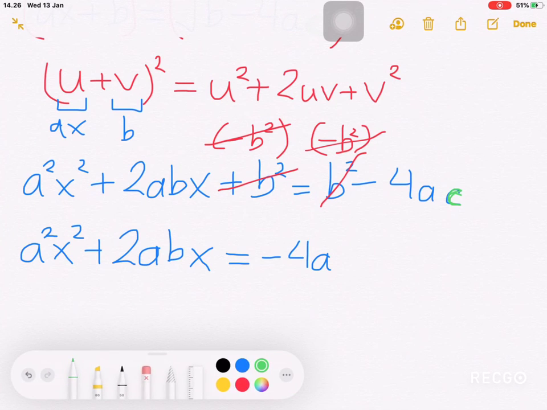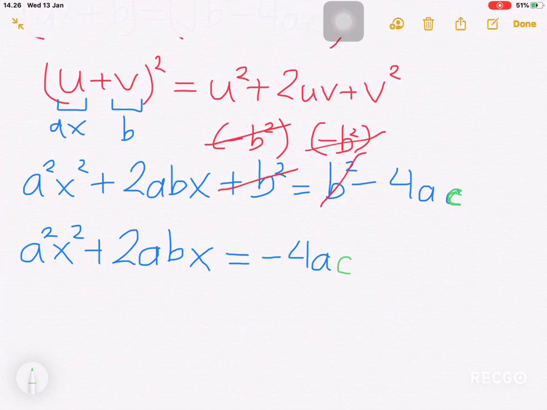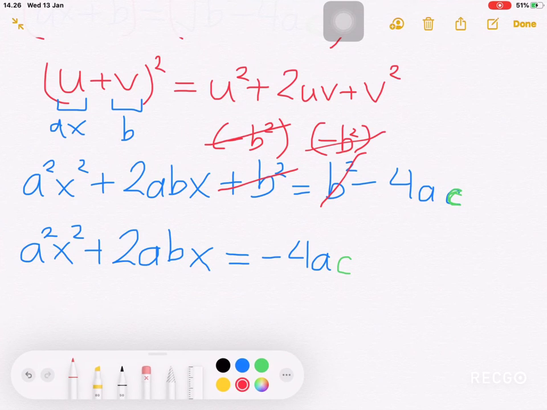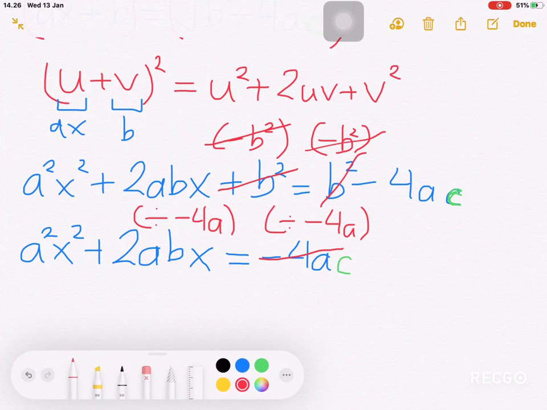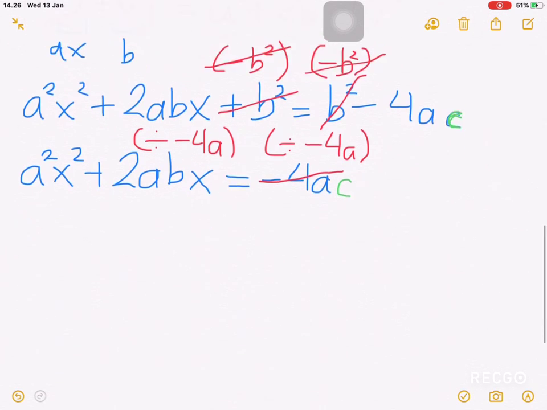I'll indicate this c in green. So the final step is just fairly simple. We can just divide both sides by negative 4a. So the c becomes alone, and I'll just scroll down the board a bit.